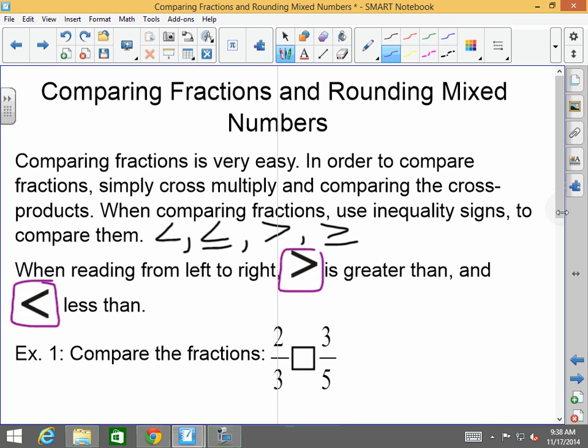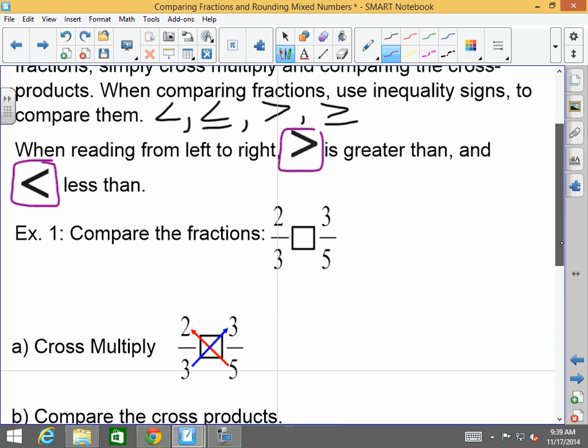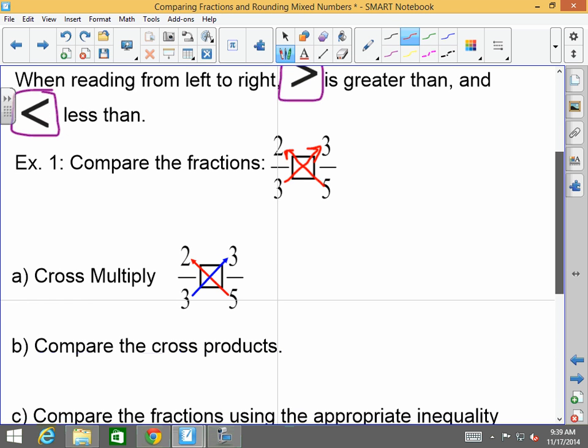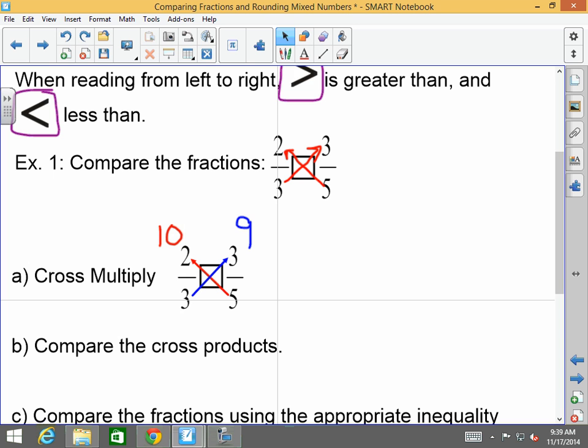So let's just get right to it. Compare the fractions 2/3 and 3/5. Well, let's cross multiply like I had just talked to you about. Cross multiply. When you cross multiply here, what's 2 times 5? Okay, so this cross product, which I'll put in red, is 10. When you cross multiply 3 times 3, what's that? 9. So now you compare the cross products.